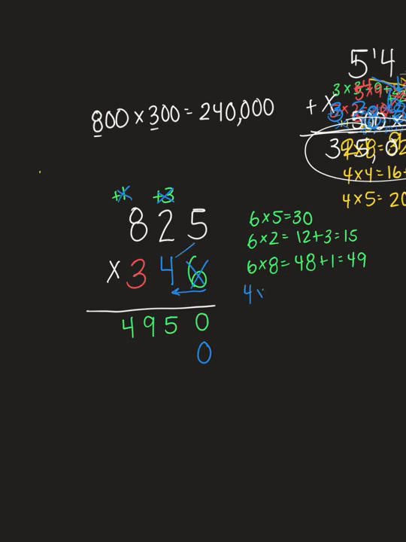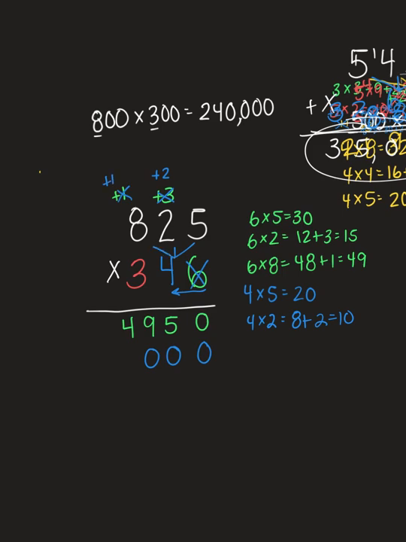4 times 5 gives me 20. I put a 0 down below. I carry a 2 to the tens place. 4 times 2 gives me 8, plus the 2 that I carried gives me 10. I put a 0. I still have the hundreds place, so I carry a 1 out to the hundreds place.